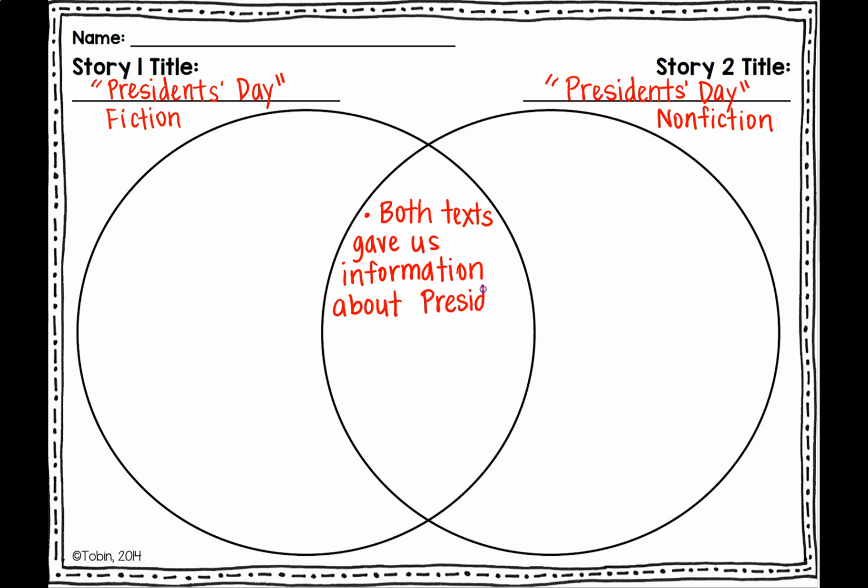So even though they were fiction and nonfiction, they were different genres, both of them gave us information about President's Day. Okay, if you need more time to write, you can always pause the video.